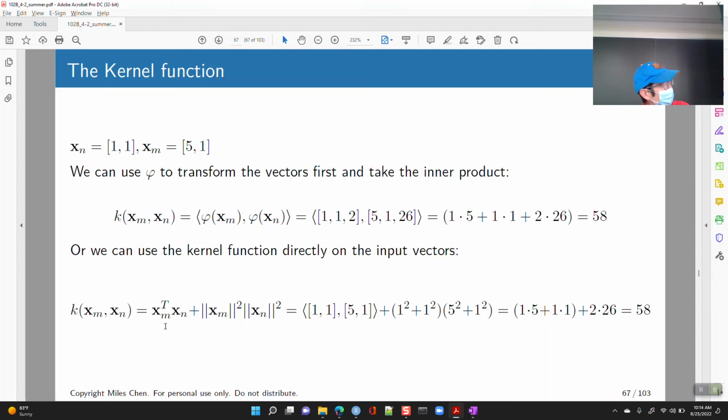Okay, well, this is just the equivalent of doing this, okay? The equivalent of transforming it and then taking the inner product. This is like a shortcut where we didn't need to do the transform and do the inner product. We can just go straight to applying the kernel function, and we get the same result. Okay, is that all right?